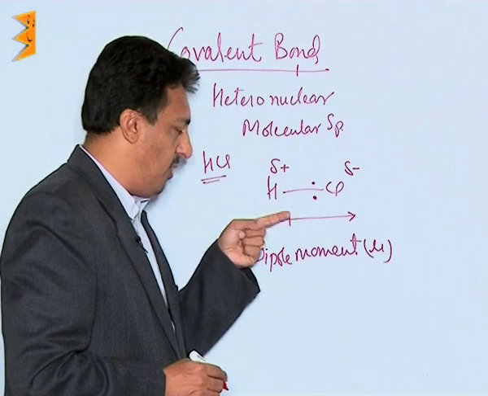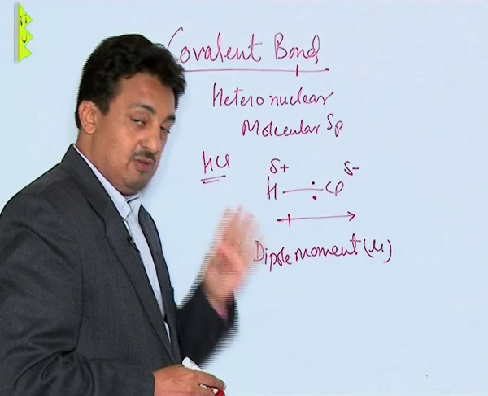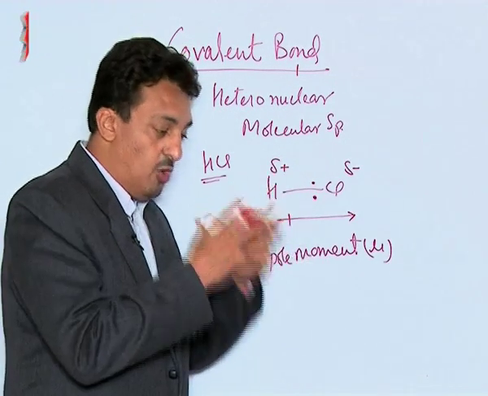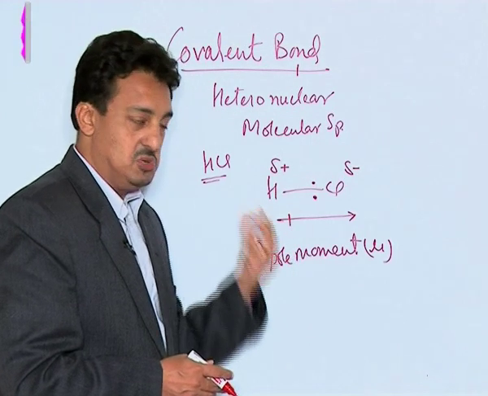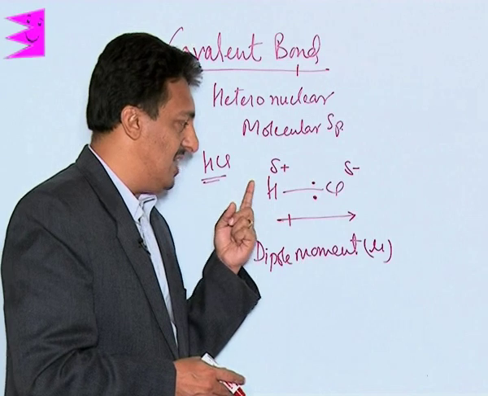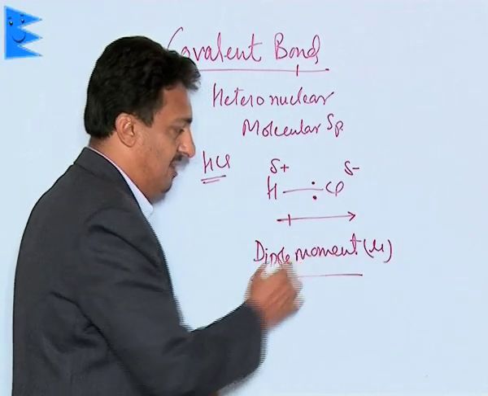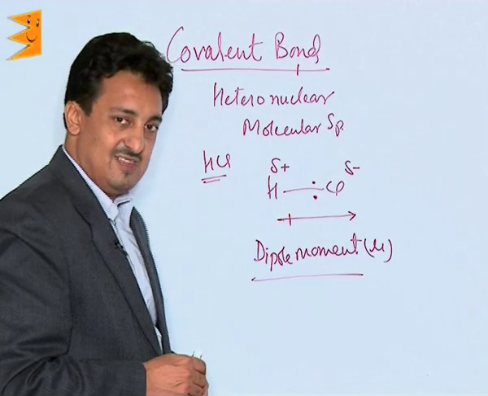The arrow always points from positive to negative side. So remember, I am repeating again, in those bonds which are polar covalent in nature, a force of attraction develops from positive charge to negative charge, and that's called dipole moment, symbol mu, represented by a crossed arrow with the cross on its tail.